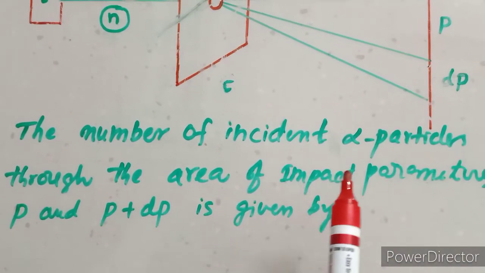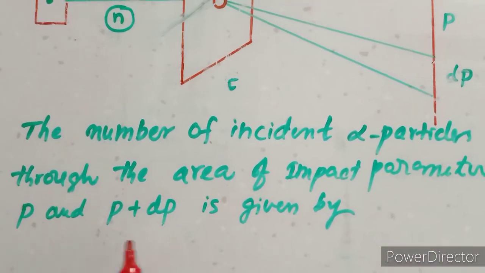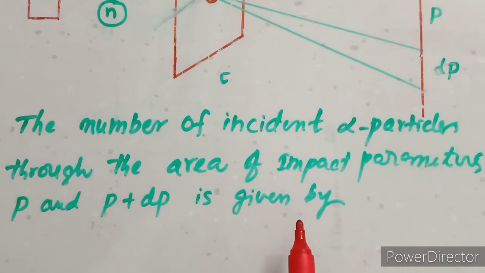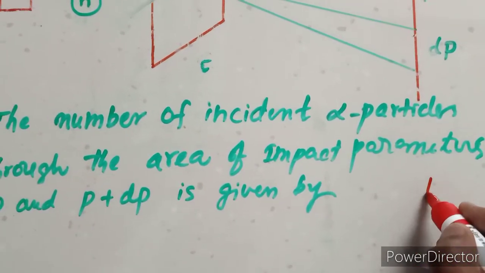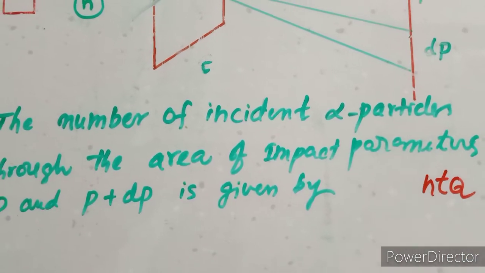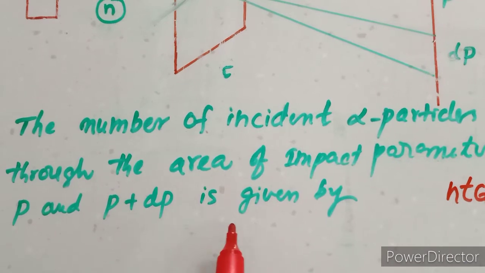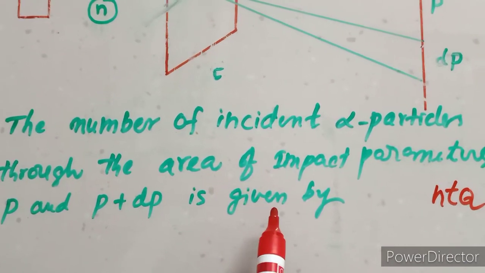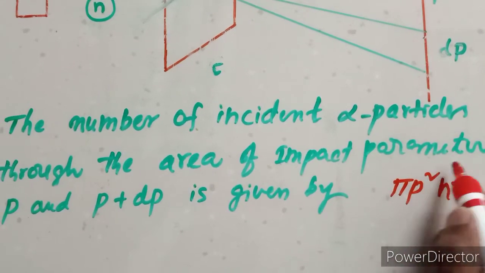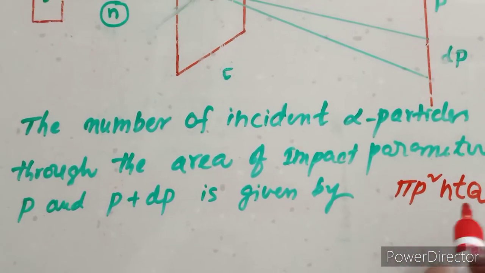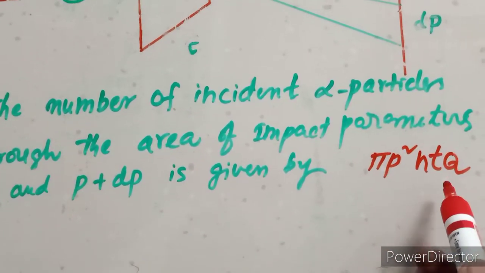The number of incident alpha particles through the area between impact parameters p and p plus dp is N t q times the area. We know that the area of the impact parameter is pi p square, so the number through it is pi p square N t q.